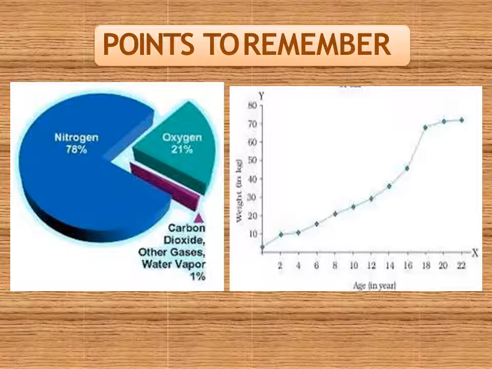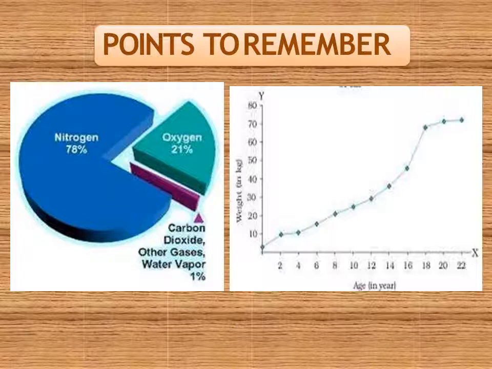So we have the pie graph on the left hand side and the line graph on the right hand side. The pie graph is usually used to represent components. For example, here is a circle.